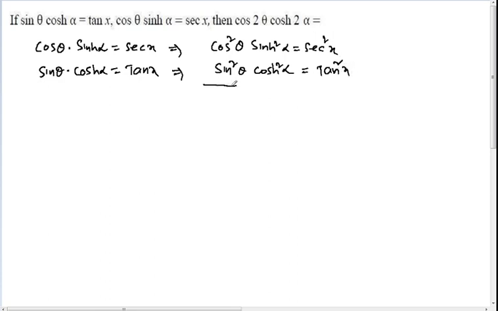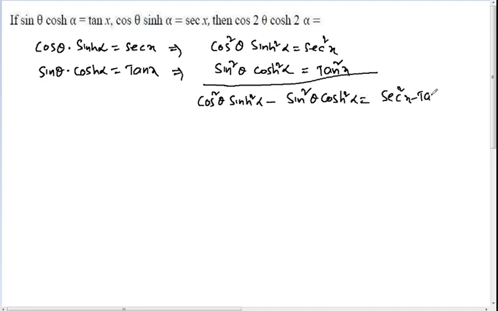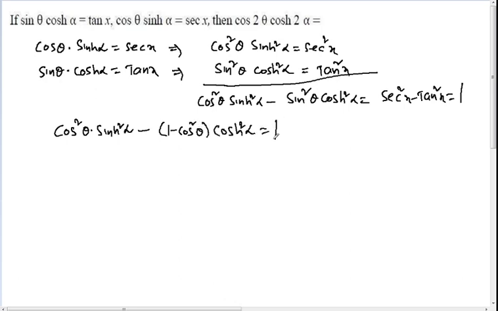So right hand side, secant square x, tan square x. So we know the formula for these two, subtracting these two, that is cos square theta into sinh square alpha minus sin square theta into cosh square alpha is equal to secant square x minus tan square x. We know that this value, secant square x minus tan square x, is equal to 1. Now cos square theta into sinh square alpha minus sin square theta, whose value is 1 minus cos square theta, into cosh square alpha is equal to 1.